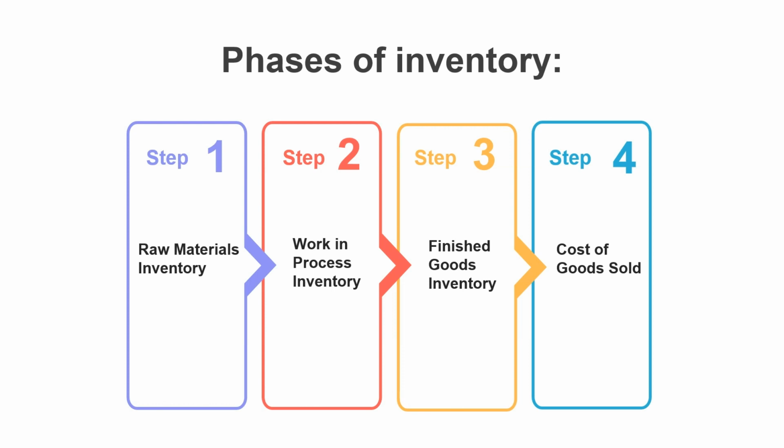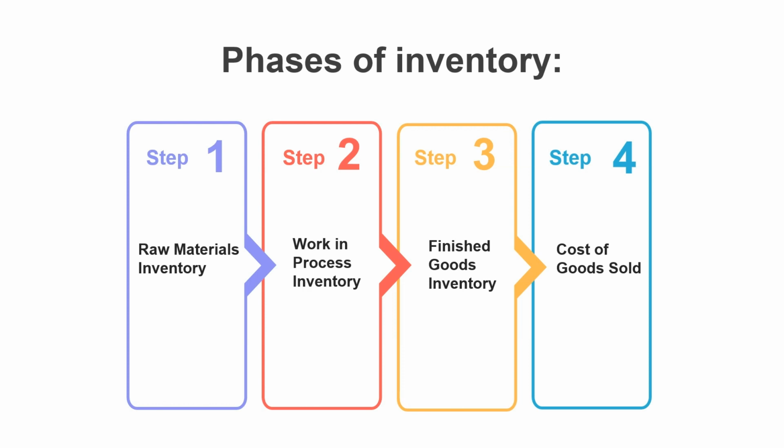You're probably going to store those raw materials and other manufacturing supplies in some designated area so that it can be easily accessed when you need it in the manufacturing process.